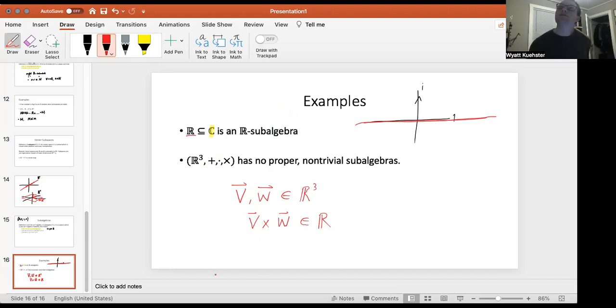Wait, now I'm doubting myself. Maybe we can have one-dimensional subalgebras. Yeah, okay. Scratch that. I think this is not true. I think it has no two-dimensional subalgebras.